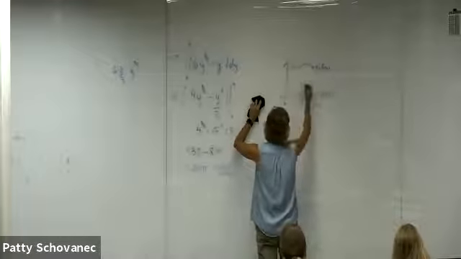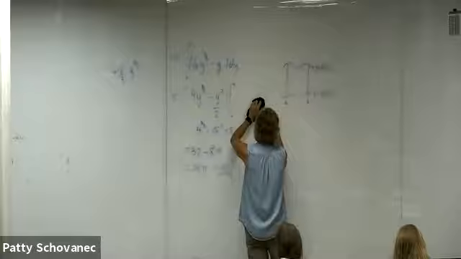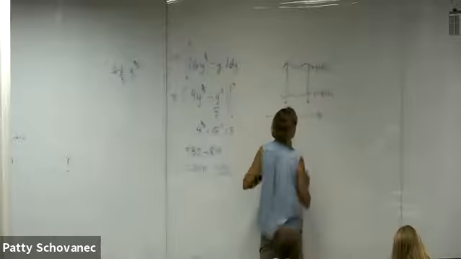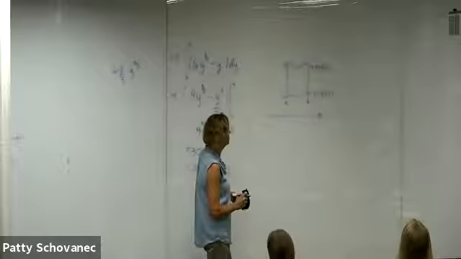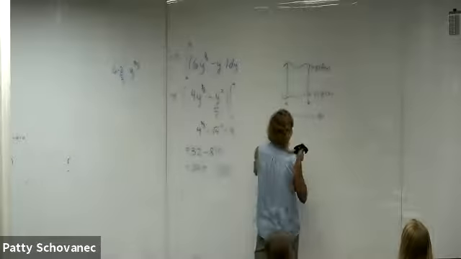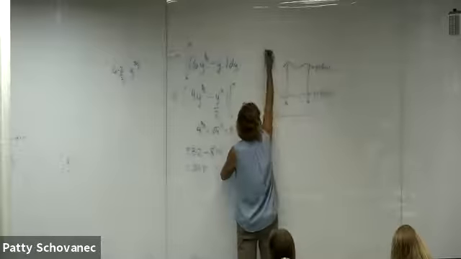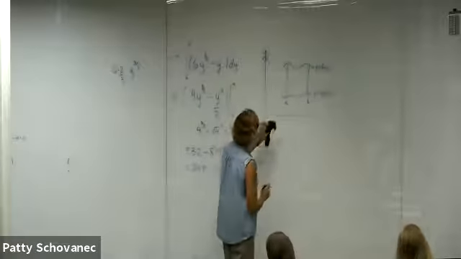X is equal to A, X is equal to B, and our axis of revolution is going to be a horizontal line. Oops, I can't do that one. Got to do this one, right? I want it parallel. So it'll be a vertical line.